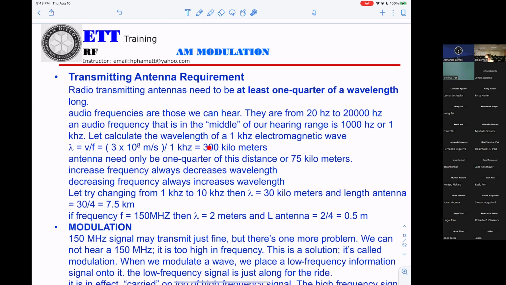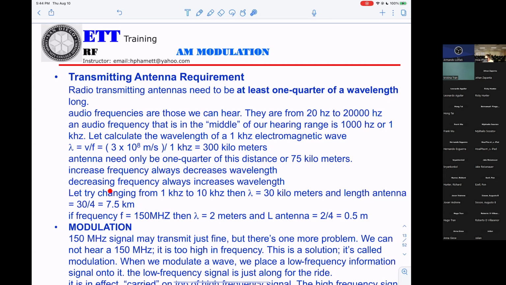You get 300 kilometers. The antenna needs only 1/4 of this distance, or 75 kilometers. Increasing the frequency always decreases the wavelength. Decreasing the frequency always increases the wavelength.